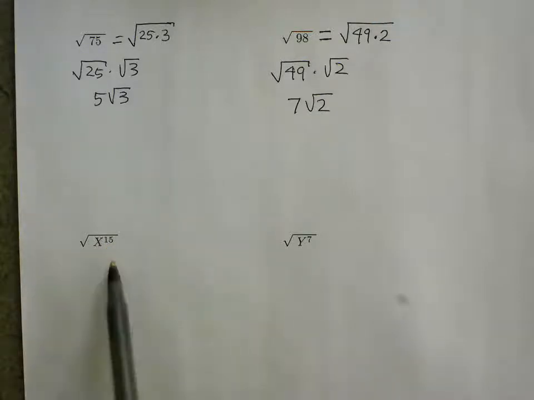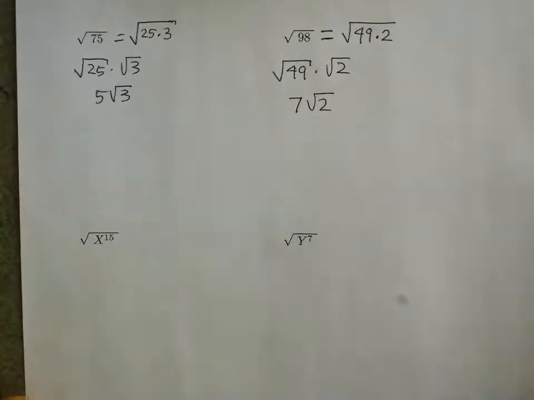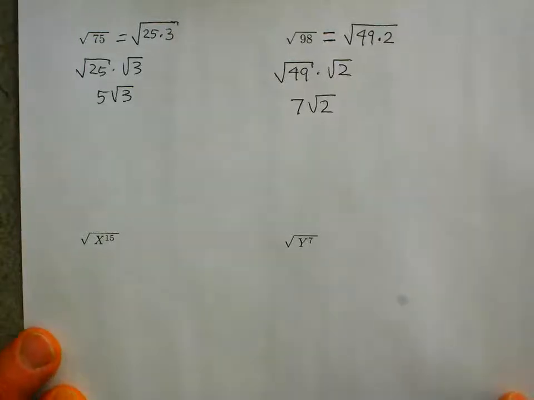So this is not considered a perfect square. The largest factor of x to the 15th that is a perfect square is x to the 14th. X to the 14th times x is x to the 15th.